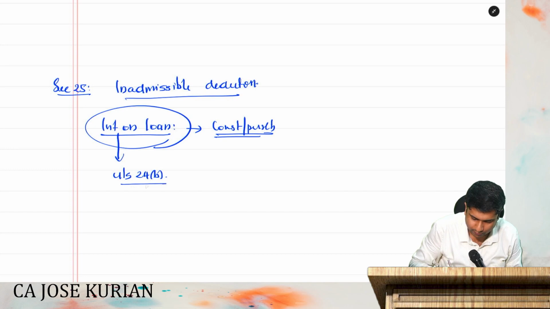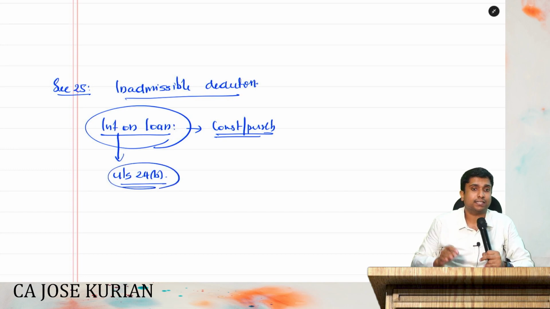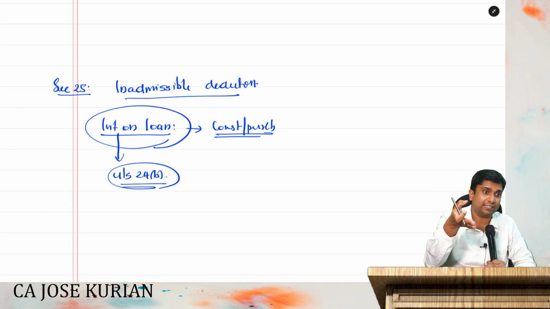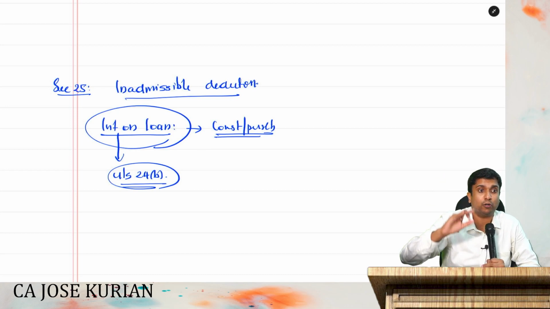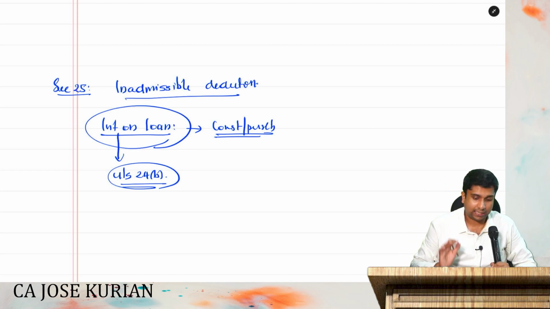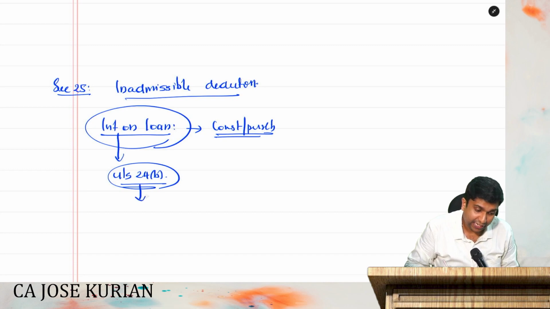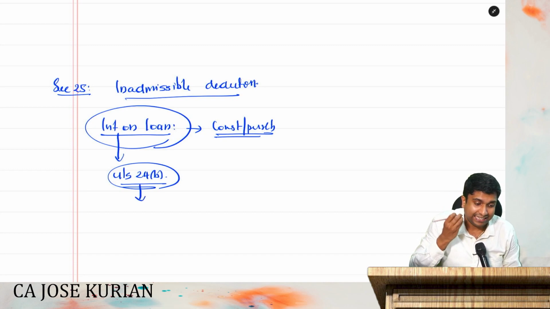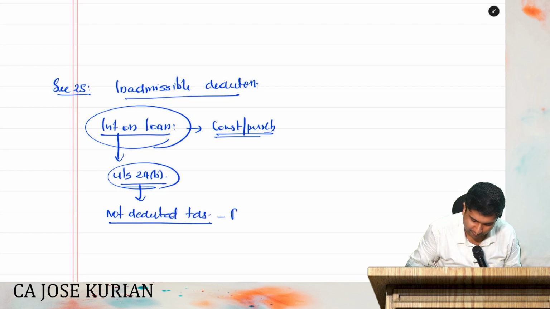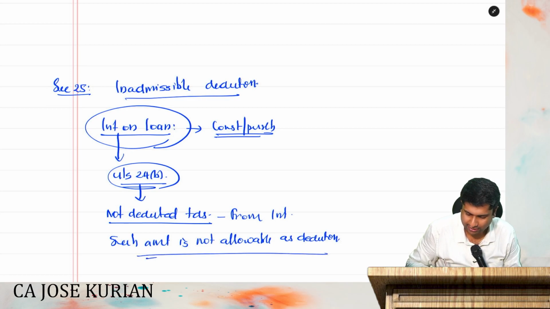Yes or no? If it is self-occupied, subject to ceiling limit. If it is deemed let out or actual let out, then no ceiling limit. But the department says, if there is a default in deducting TDS, if you haven't deducted TDS from this interest, then such amount is not allowable as a deduction.